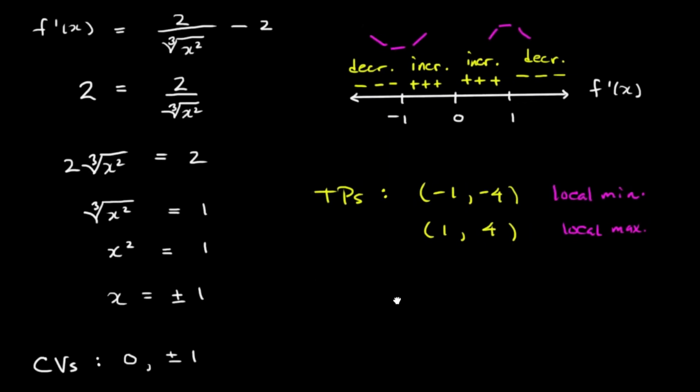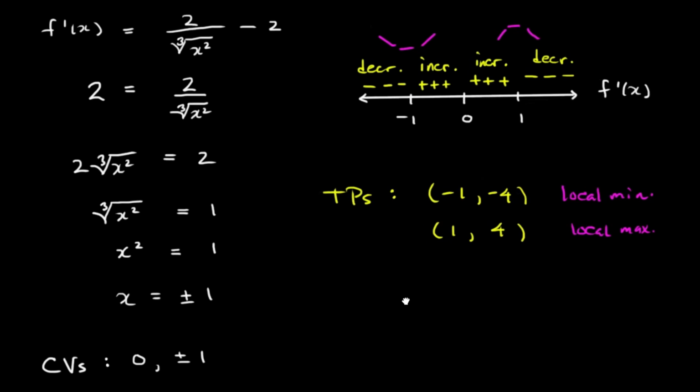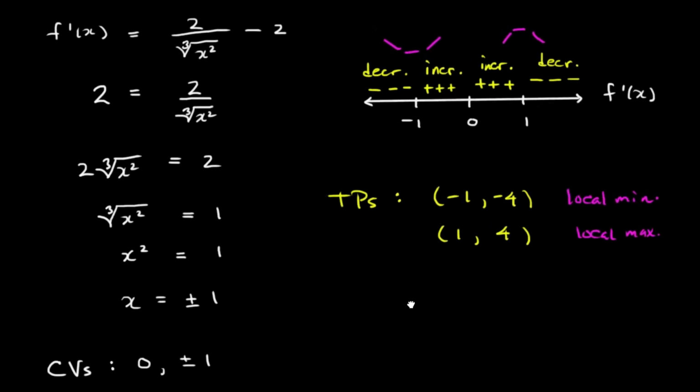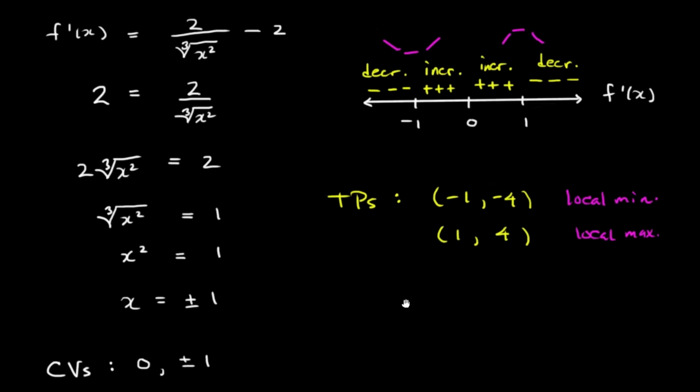So maybe before we go to our second derivative, let's think about what's happening at x equals 0, and the second derivative might uncover something else for us. But that critical value came from our first derivative being undefined. So remember, if you have an undefined first derivative, your tangent slope has a vertical slope, or you could just say a vertical tangent.